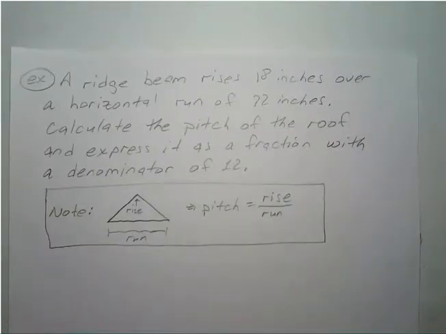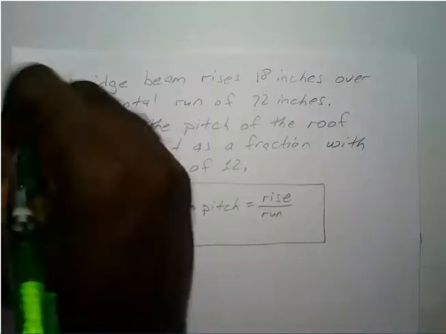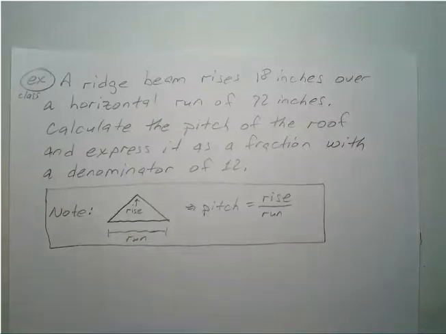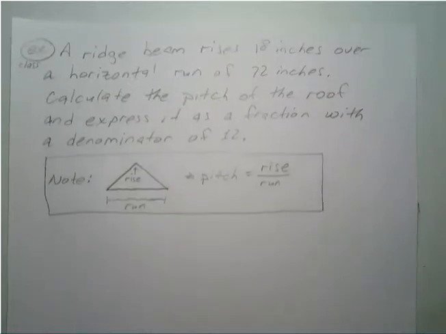All right, so what I want you to do is go ahead and press pause. And after you're done writing this down, I want you to try and solve this one on your own. All right, so I'm assuming you have pressed pause and you have solved this problem. So let's go ahead and verify your answer.